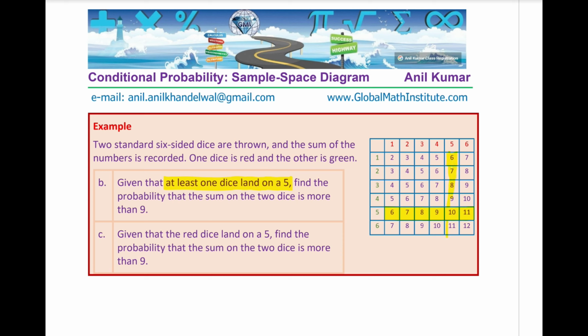So then the sum could be 6, 7, 8, 9, 10, 11, as shaded here. The condition given to us is at least one lands on 5. So that means we have restricted the domain, right? So now we can work on the restricted domain.